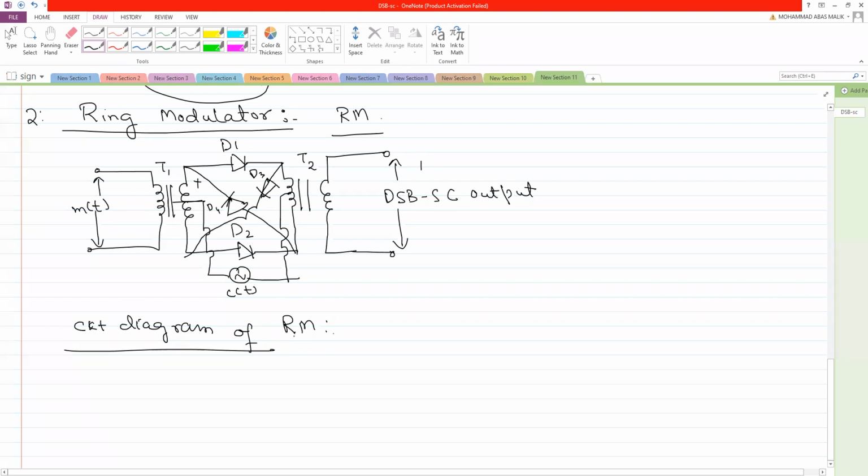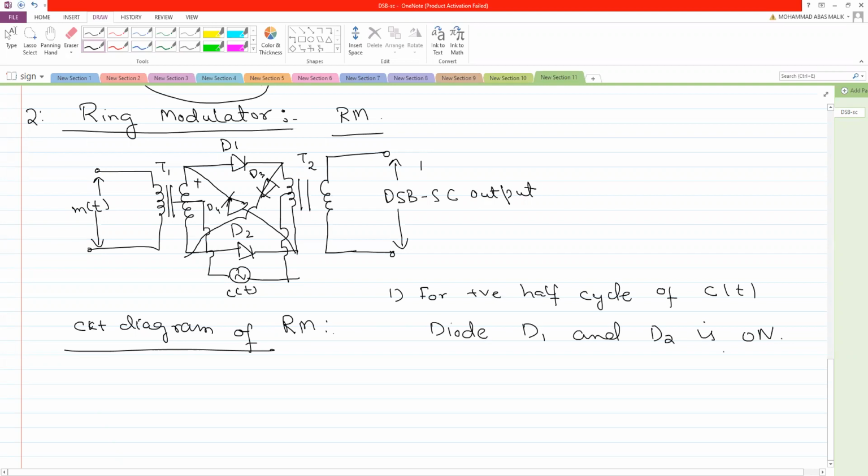Now we will analyze the diagram. The first point is, for the positive half cycle of C of t, diodes D1 and D2 are on.